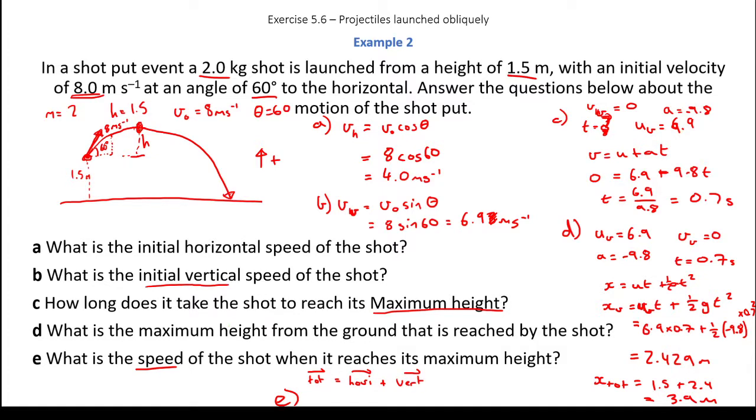Now at this very top point, the vertical bit is 0. So our total speed at the very top is just our horizontal component, which we found back in part A is 4 meters per second. So that's how we do that problem.